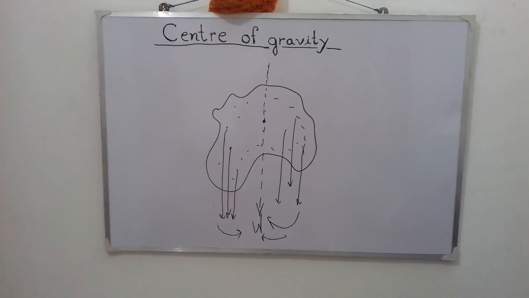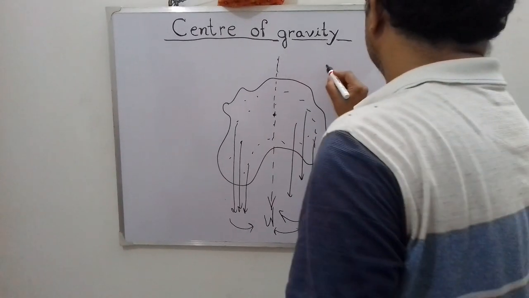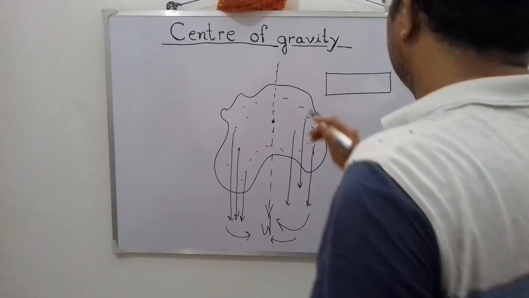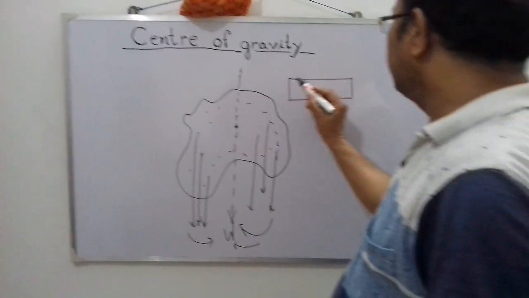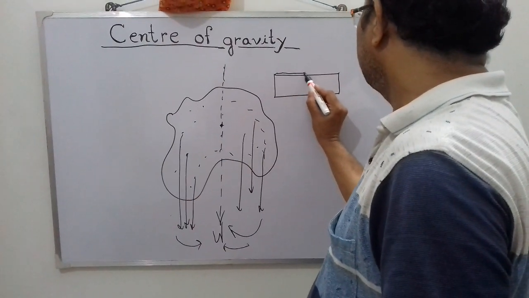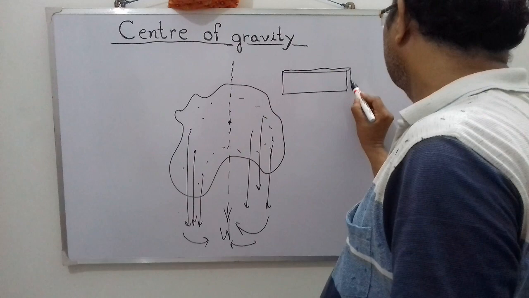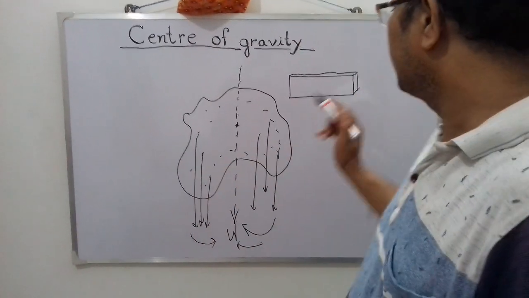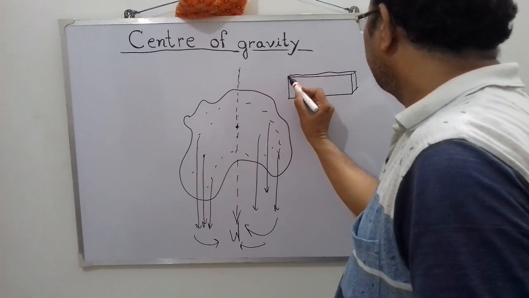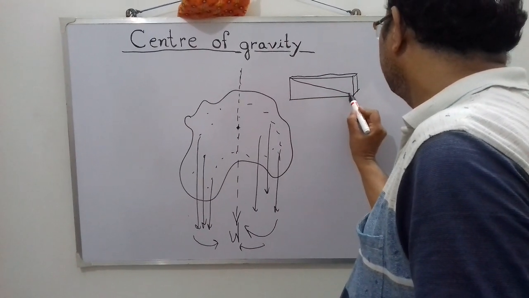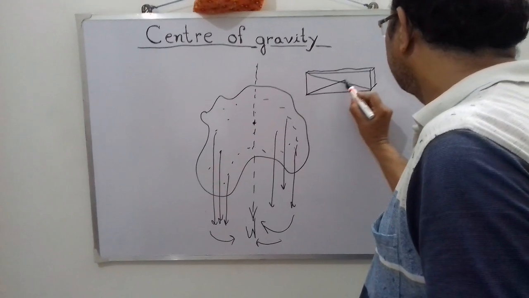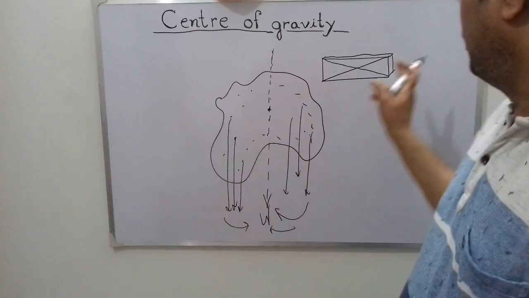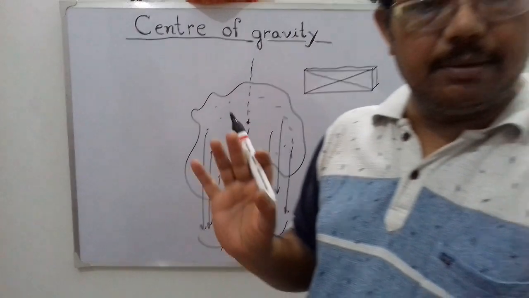For some regular shapes, suppose this is a rectangle. If it is 3D, then it will be a lamina; consider the lamina only here, because our syllabus is based on 2D shapes. If we try to find the center of gravity, we get it at the intersecting point of the two diagonals of that lamina.